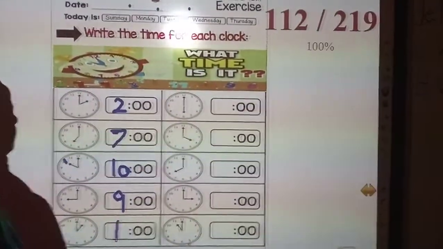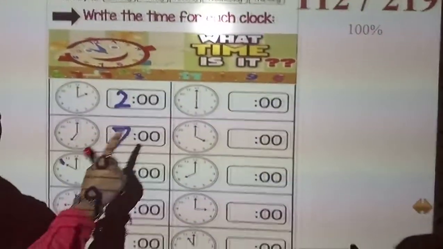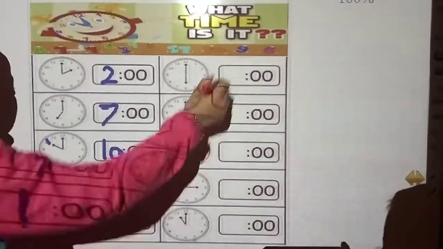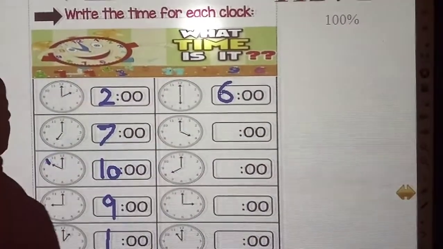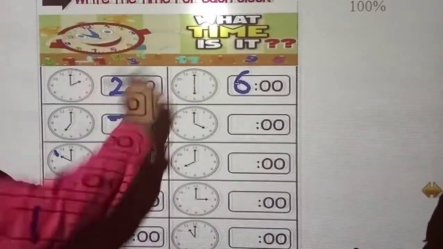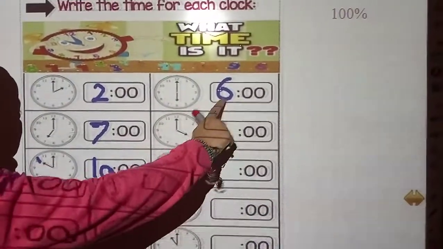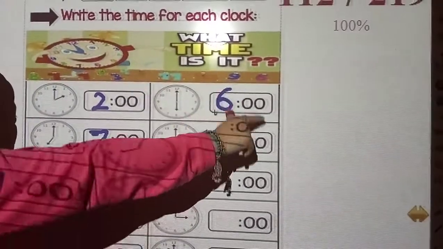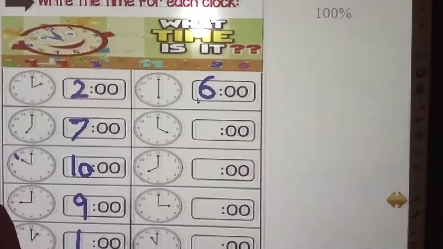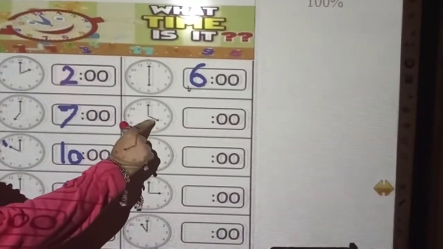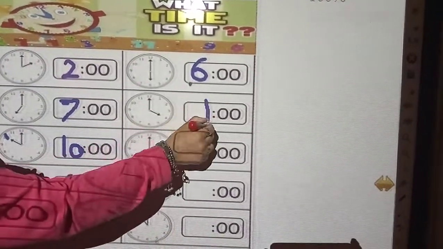Number 6, step number 1, start with the short hand. It points to 6. And the long hand points to 12, means 6 o'clock. Number 7, the short hand points to 4.